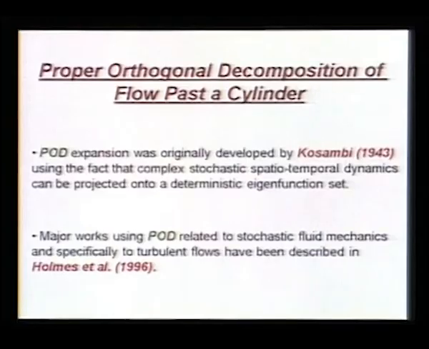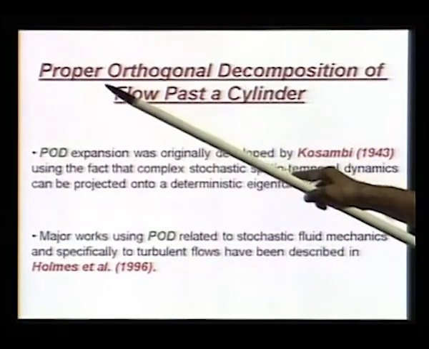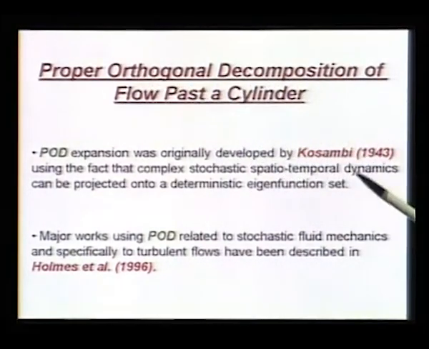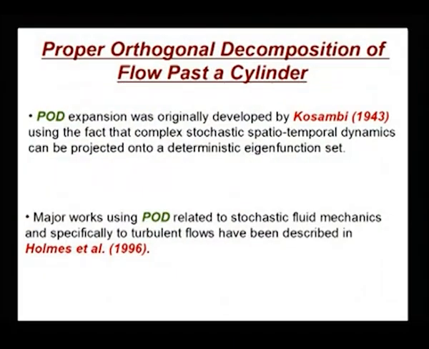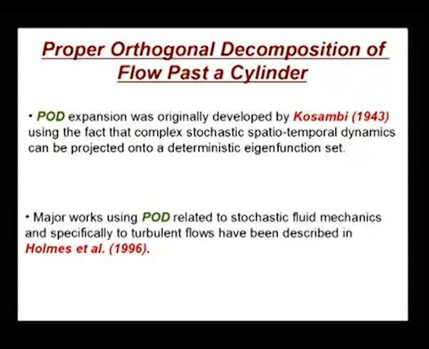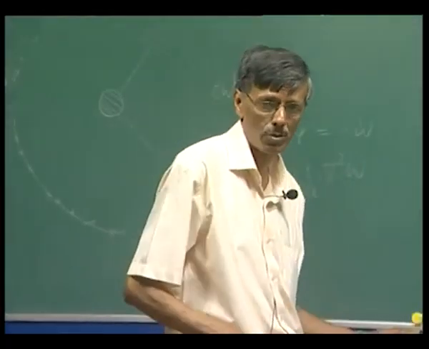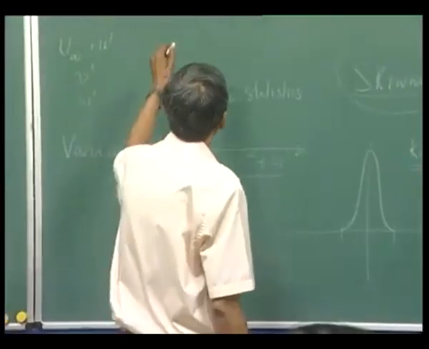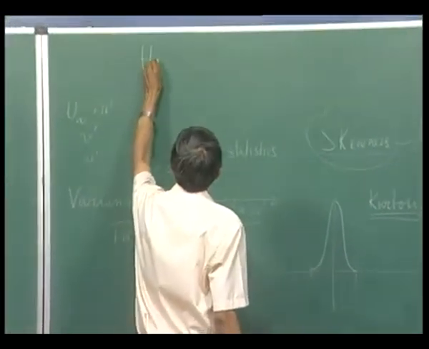That is where we use a technique called proper orthogonal decomposition, which was pioneered by Kosambi, and later very much popularized by Professor John Lumley and his group. That is related to stochastic fluid mechanics, specifically in understanding turbulent flow, and is given in that monograph of Holmes, Lumley and Berkooz.